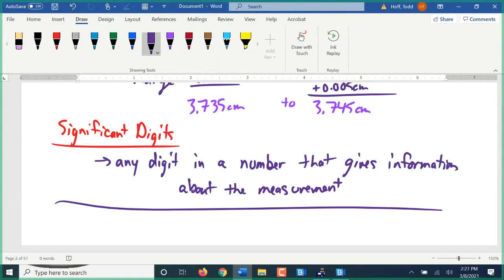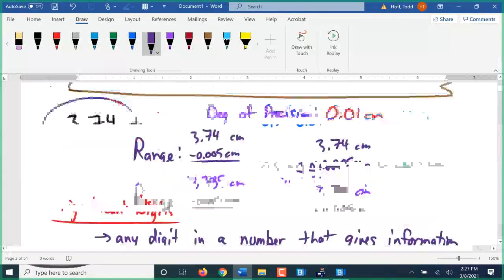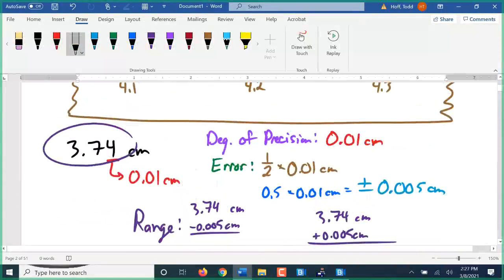That's really all we're doing, looking at the number and making sure that the number we write accurately describes or portrays our measurement. That's why we didn't put a 0. If we had put a 0 on the end of this, that would have totally changed the meaning of that measurement. The degree of precision would have been different.